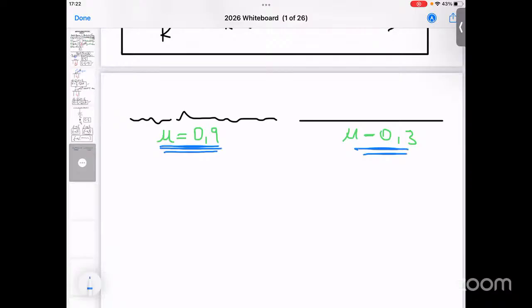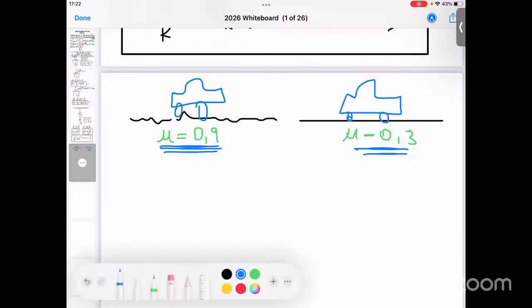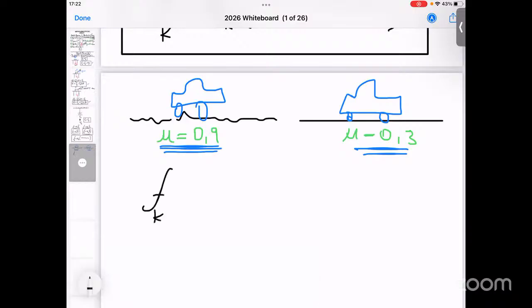Something of that nature, honorable member, where they can be talking about an object traveling on gravel, and then the same object traveling on a different surface. So they will definitely have different mu's. With different mu's, they will end up having different kinetic frictional forces. Why?